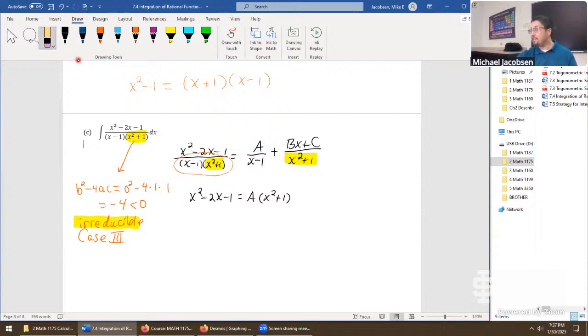Then we do it again over here. Take that whole thing and multiply it against bx plus c, just visualizing it with parentheses now. This time, x squared plus 1 cancels this off, leaving behind just the x minus 1. So that's our important step, clearing out the denominator.